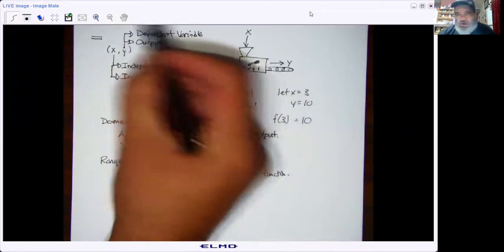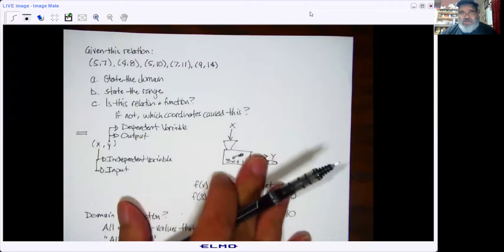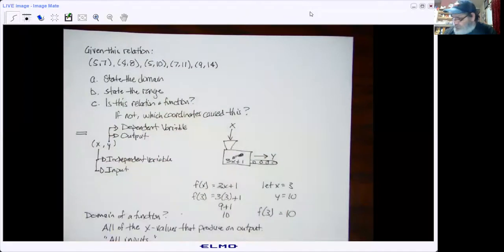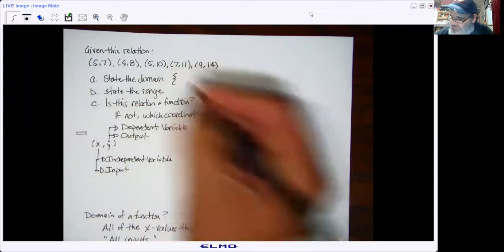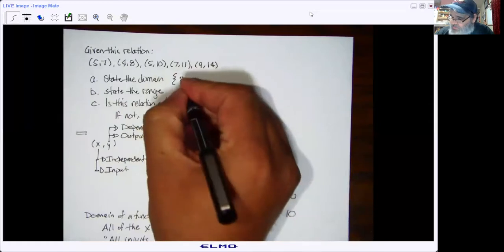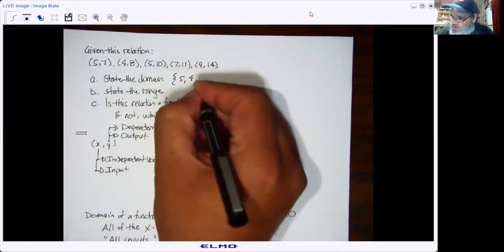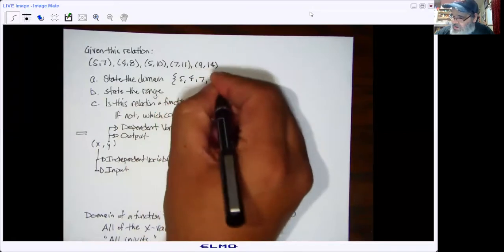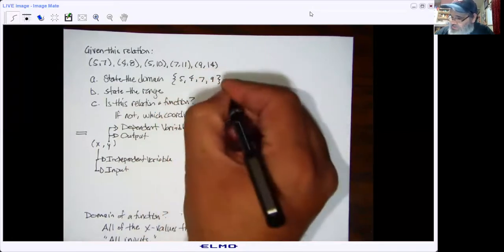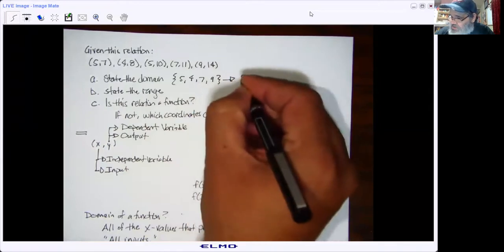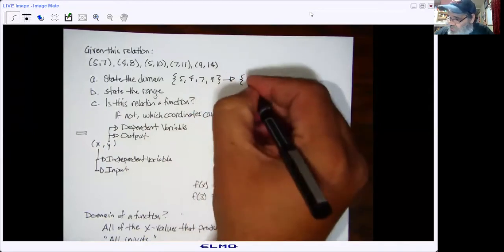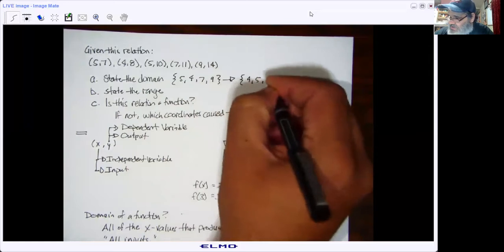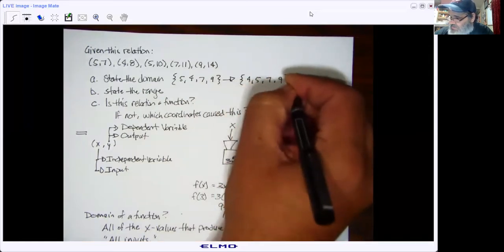So going back to part A of your exercise here, state the domain. Well, we just said that the domain is all of the x values. So using set notation, we're going to say it's 5, 4, well, we've already got a 5, 7, and 9. But really what we should do is let's list these in order. So 4, 5, 7, 9.